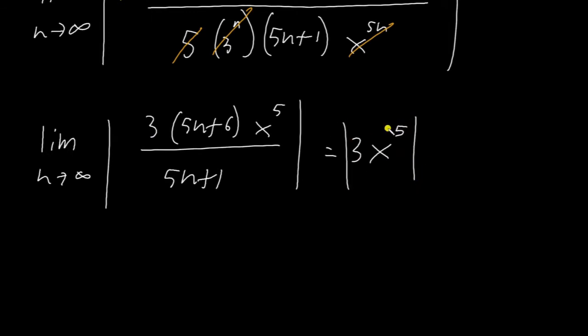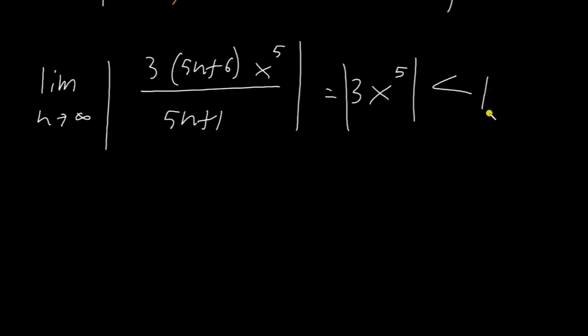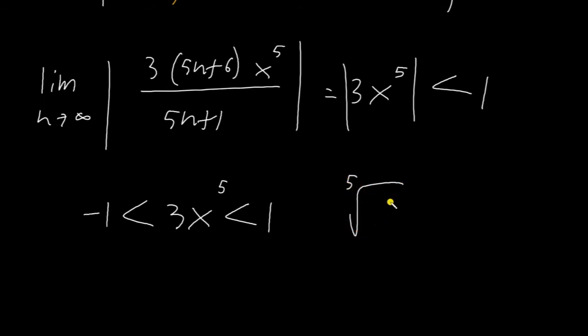And then, remember, for the ratio test, this stuff here needs to be less than 1. So negative 1 is less than 3x to the 5th, is less than 1. Divide both sides by 3, and then you can take the 5th root. It'll get you the 5th root of negative 1/3 is less than x, is less than the 5th root of positive 1/3.